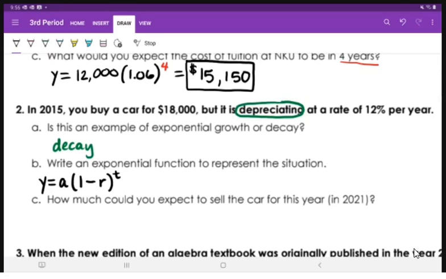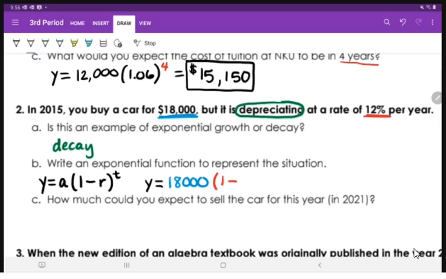And now we need to figure out what to plug in for a and r. A is our starting amount, or our starting value, and r is our rate. So reading the problem back, I see that the car started out at $18,000, so that's what we're going to put in for A. And the rate is 12% per year.